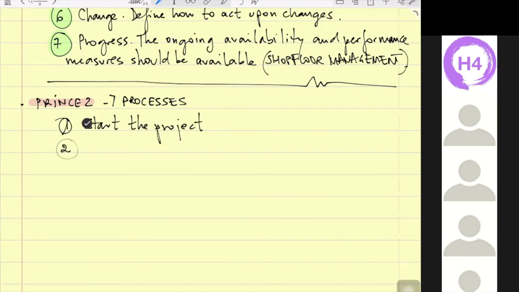The second one is directing the project. The third one is initiating the project.